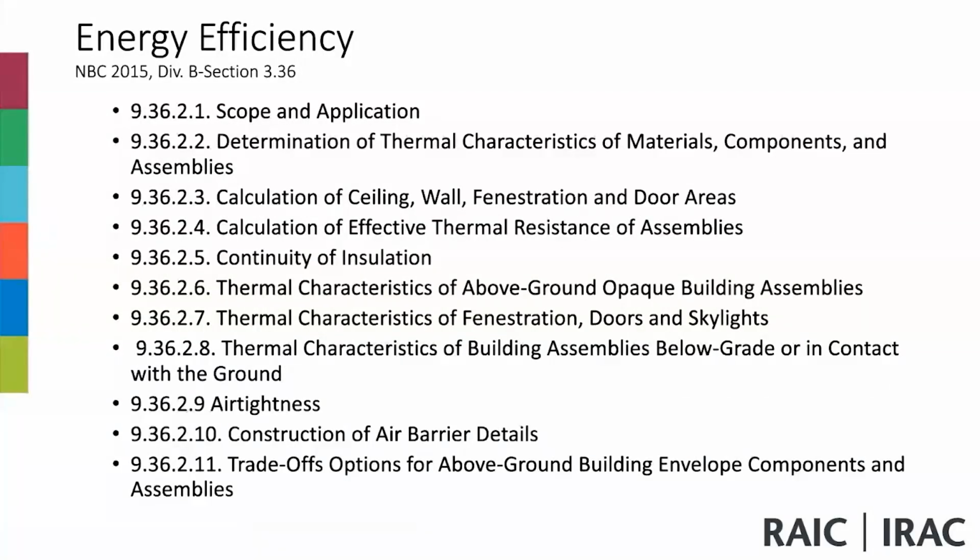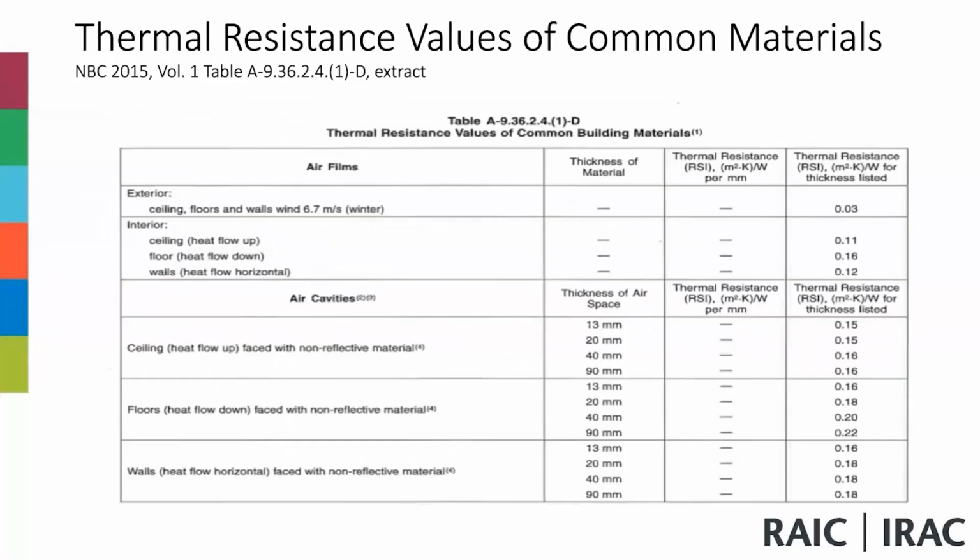So in the presentation, I outlined for you the components and the subsections and the articles related to the calculations in 9.36.2. And we've seen some of the specification of thermal resistance. We've got in the notes something useful for us to use: thermal resistance values of common building materials.